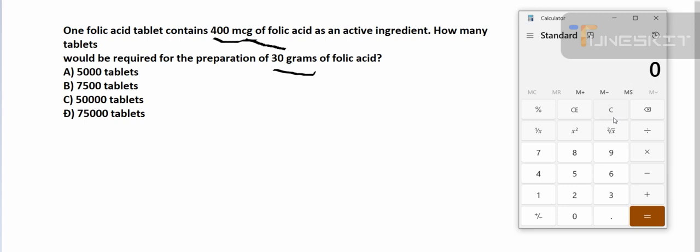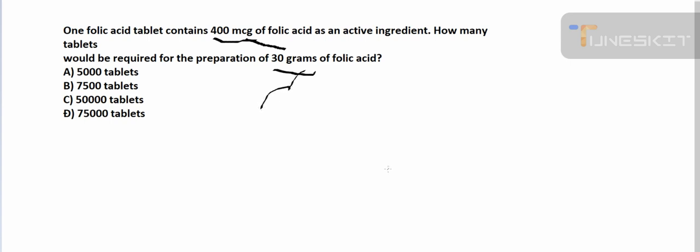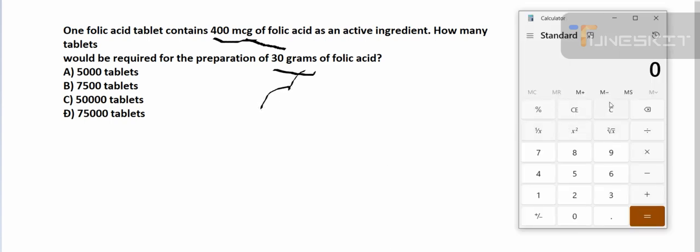I told you the concept that you have to jump down two steps, first into mg, then into mcg. For each step, 1000 contains 3 zeros, and the two steps will contain 6 zeros. So the 30 will be multiplied with, okay, very simple.